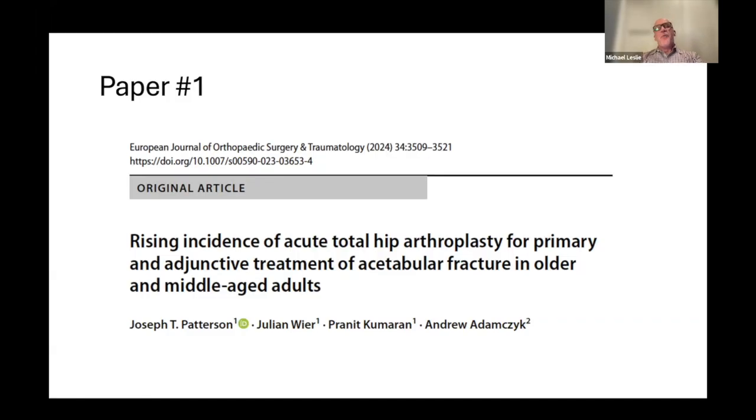So when they looked at this, knowing that we're only representing 20% of the total inpatient data across the country, they found that there was a significant rise in the use of total hip and ORIF plus total hip, and that difference was a rise in total hips over the age of 65, up 16.5%, and for ORIF plus total hip, over 5% rise.